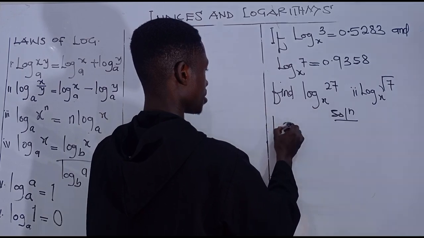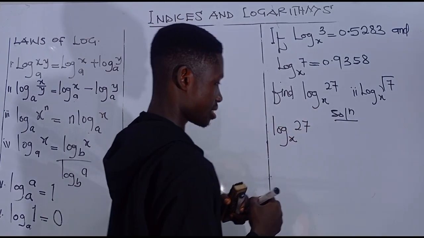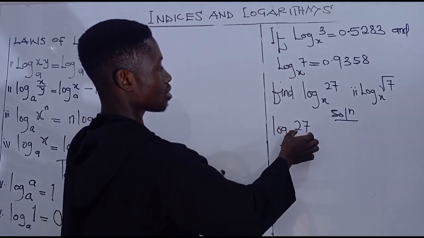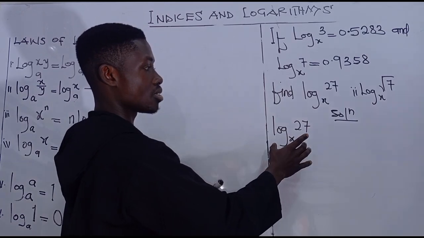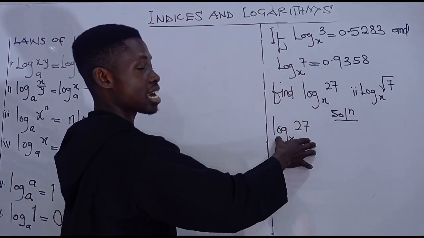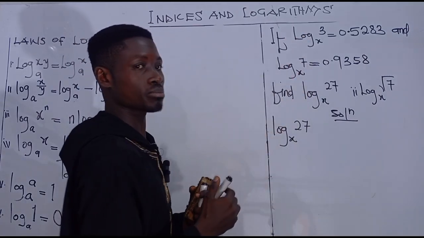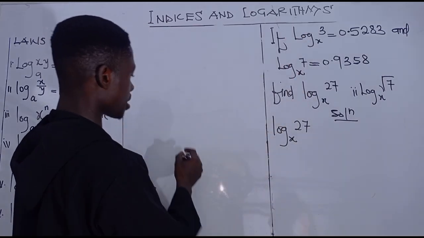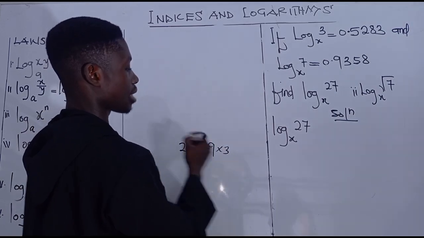We have log of 27 to the base of x. So realize that we don't have log of 27 to the base of x in these two numbers. So we have to express this or simplify this further so that we can either have this or that. And we know that 27 can be written as what? 9 times 3.